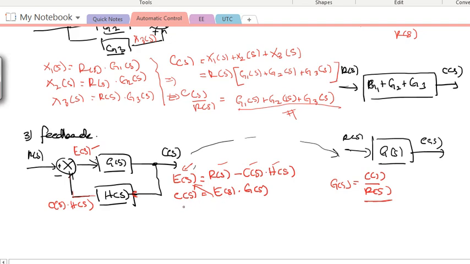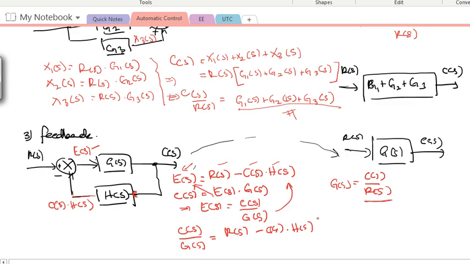From this equation, we know that ES equals CS over GS. And if we replace it into the first equation, it becomes CS over GS equals RS minus CS HS, right?